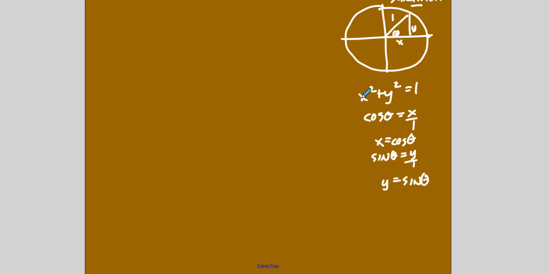Therefore, making substitutions here, x squared is going to be cosine squared theta, and y squared is going to be sine squared theta, and that equals 1.